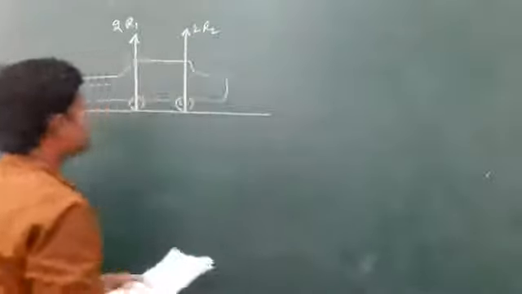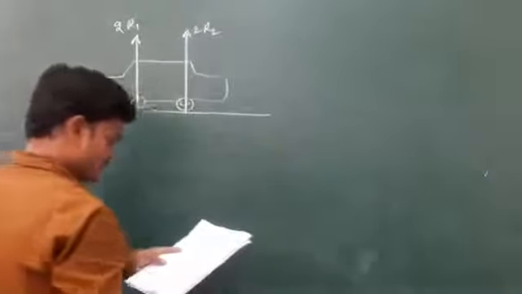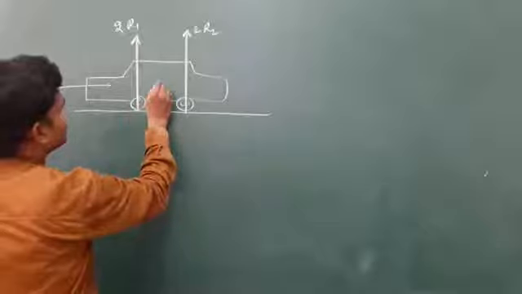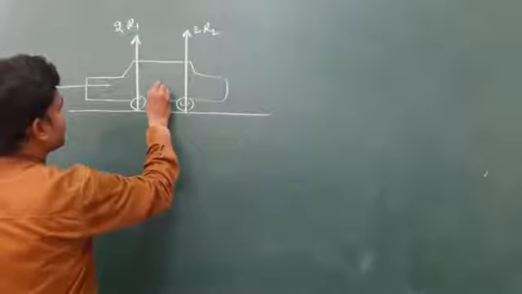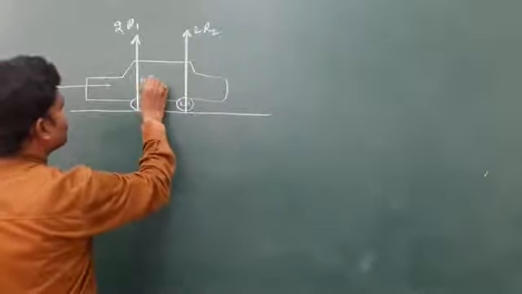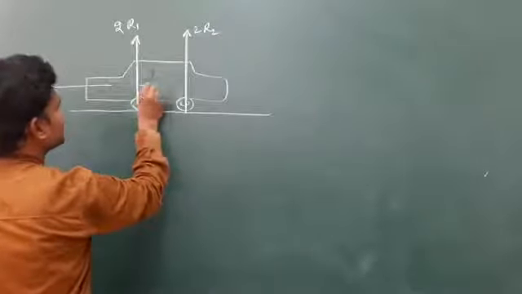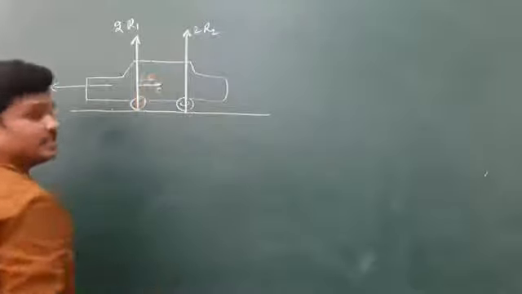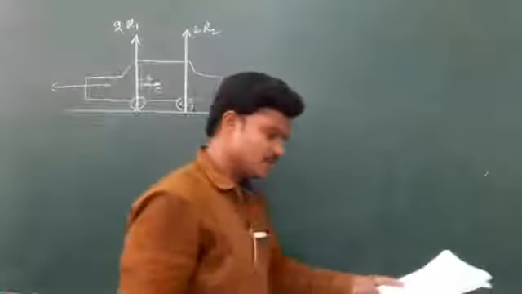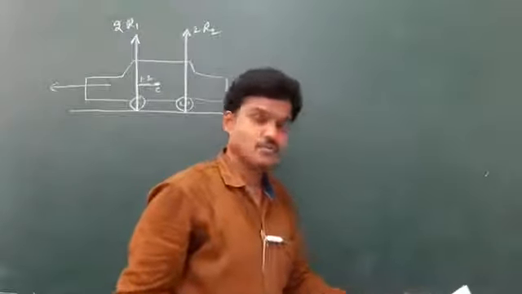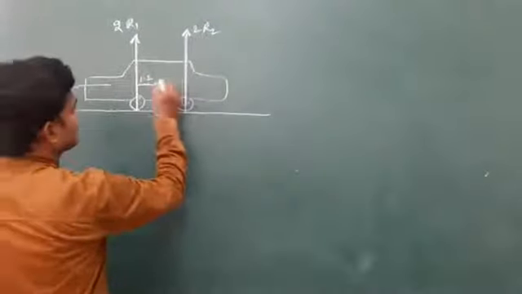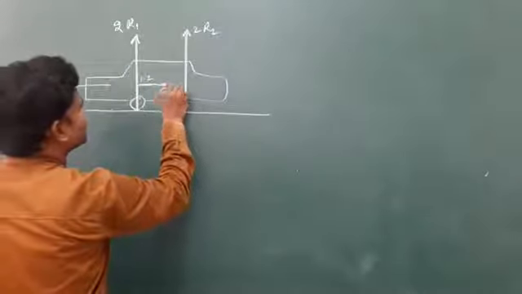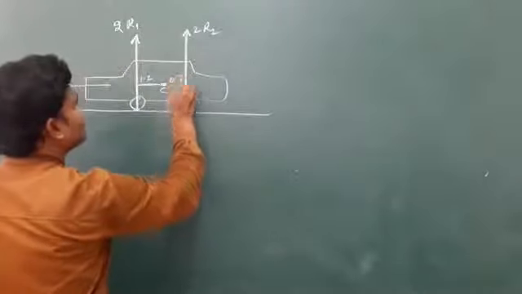And the given center of gravity is at what distance? 1.2 meters from the front wheel. So this is the front wheel, and this is the center of gravity, 1.2 meters away. The total gap between front and back wheels is given as 2 meters. So if this is 1.2, then this remaining part is 0.8.